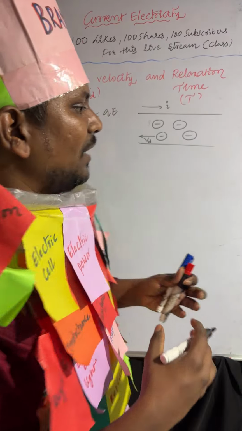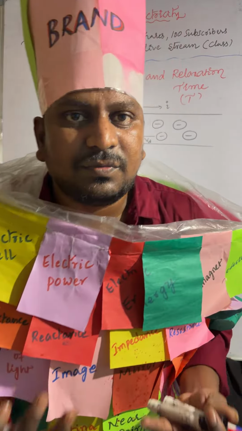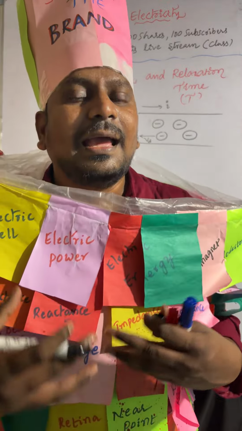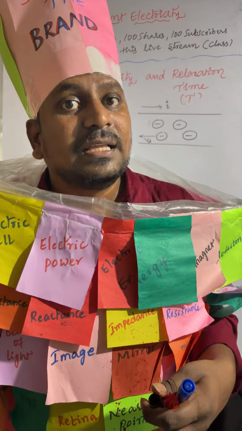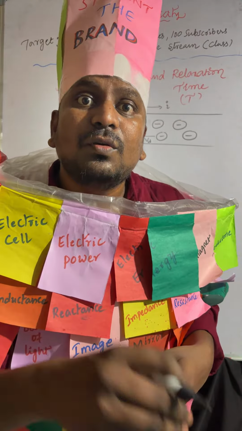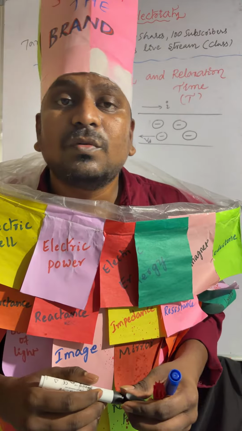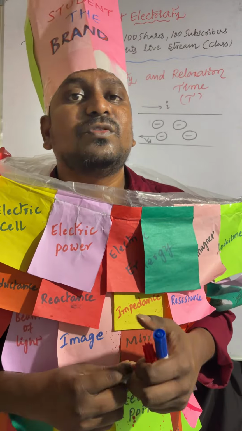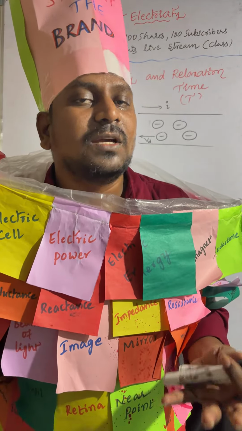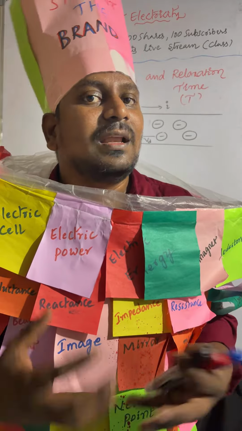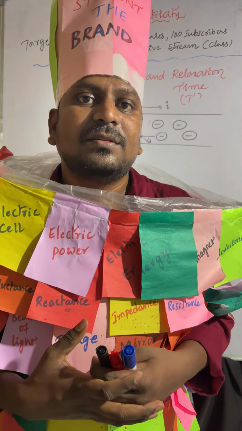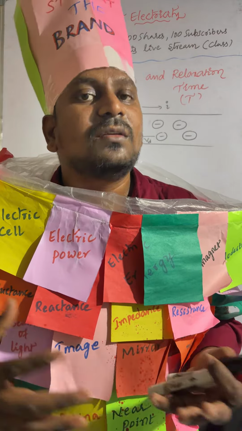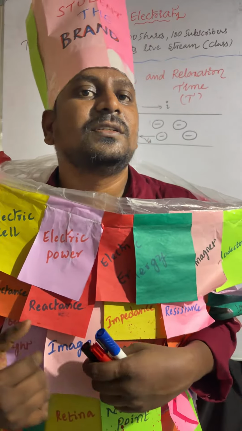When electrons are experiencing force, it will produce acceleration. When force is acting on some substance or electron, then automatically the electron comes under motion. Electrons start moving from that position.